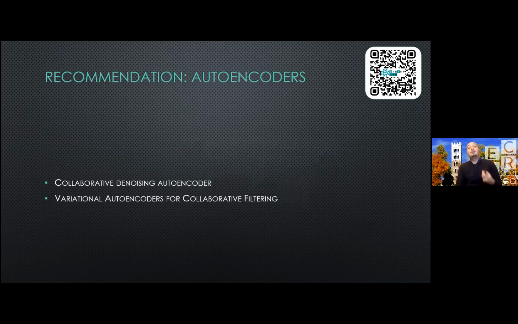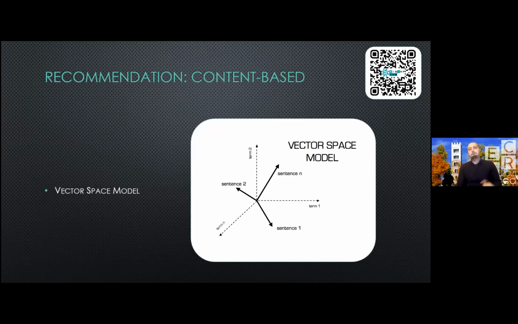But also we have very high quality models like variational autoencoders, and in general autoencoders like the collaborative denoising autoencoder, that have been found to be some of the most prominent recommendation models of recent years.